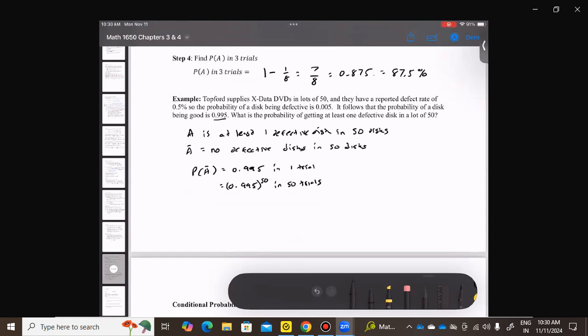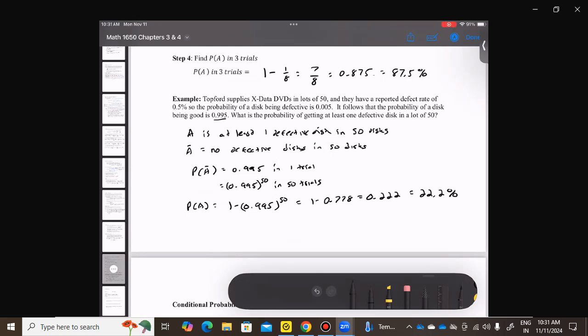Okay, and so the probability of A then is going to be 1 minus 0.995 raised to the 50th power. And that will come out to be 1 minus 0.778, or 0.222, 22.2%. Okay, so that's the at least one rule.